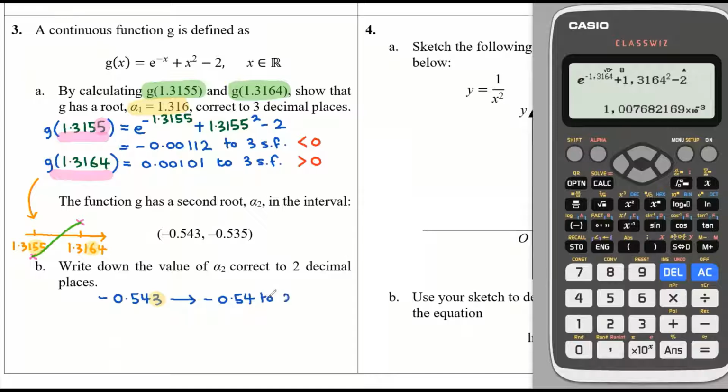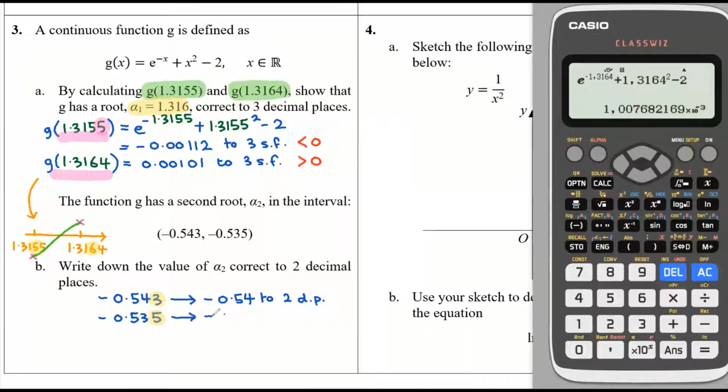to 2 dp. And if this is true, then they should both round to the same value. So negative 0.535. Well, looking at that 3rd decimal place there, that's 5 and above. The rule states that if that's 5 and above, the 2nd decimal place has to tick over to the next number.